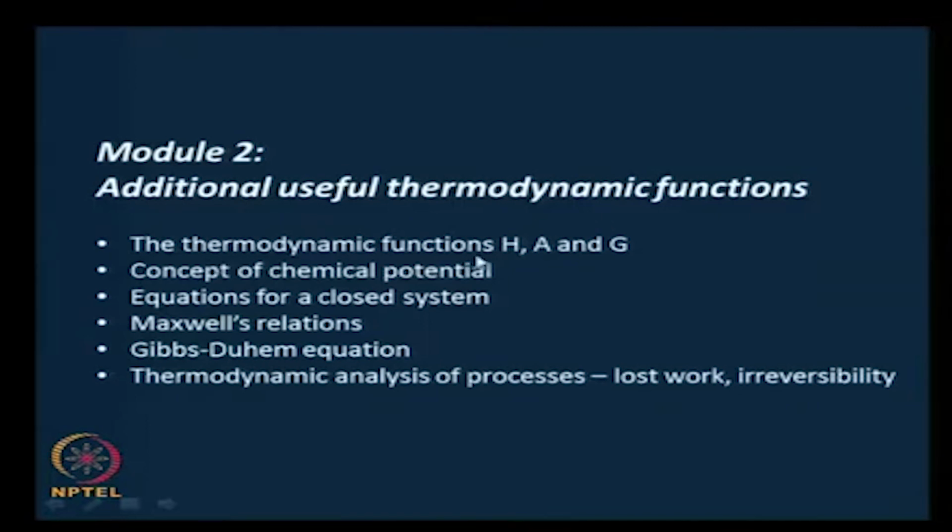We looked at the thermodynamic functions enthalpy, Helmholtz free energy and Gibbs free energy. Then we looked at the concept of chemical potential, equations for a closed system, Maxwell's relations, the Gibbs-Duhem equation, and thermodynamic analysis of processes in terms of lost work and irreversibility. We will see some of these as we rush along here in the review.